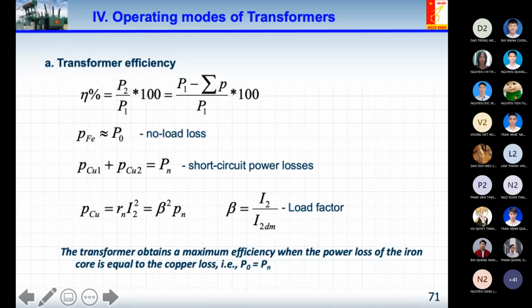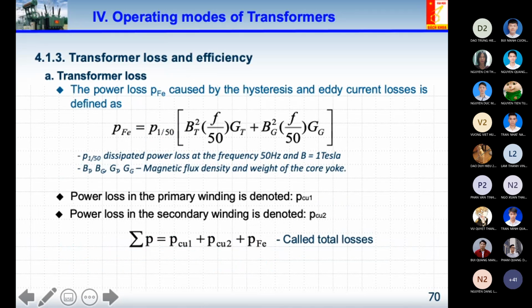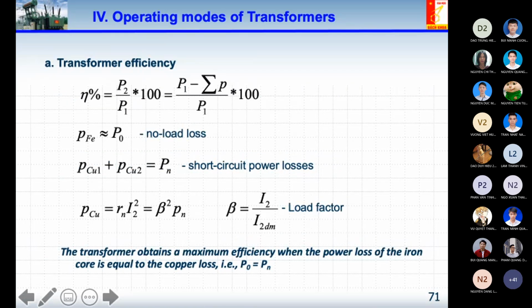Okay, and the question is how to compute P2. P2 is equal to P1 minus the total loss of the transformer, and the total loss of the transformer can be defined by this one here.